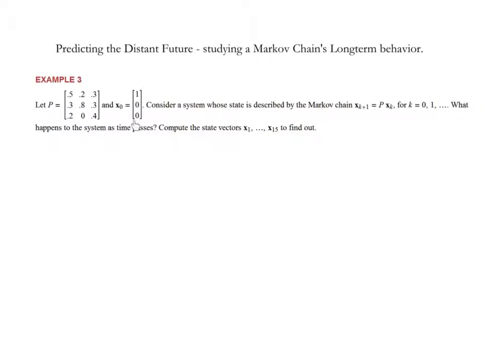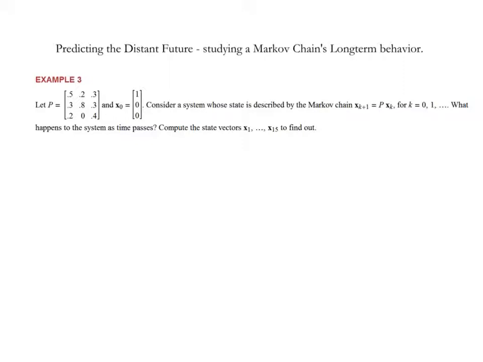And here's my x naught vector. And then we're going to consider a system whose state is described by that Markov chain. The next step is P times the previous step. What happens as time passes? Compute the steady state vectors x1 through x15 to find out. Now, I'm not going to compute all of them by hand, I'm not going to write all of them down, but I'll do a few to give you an idea of what that looks like.